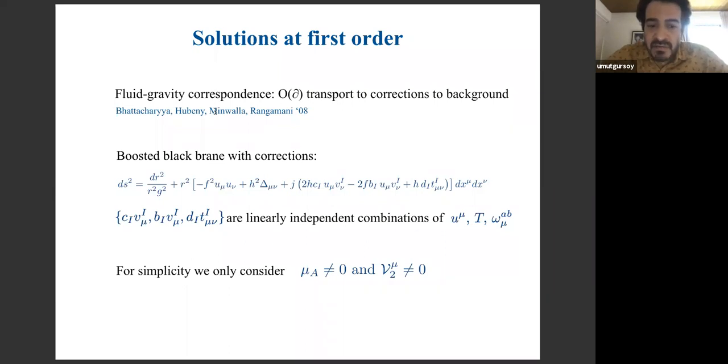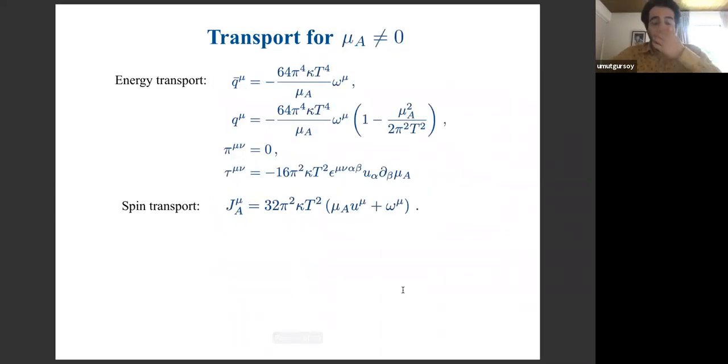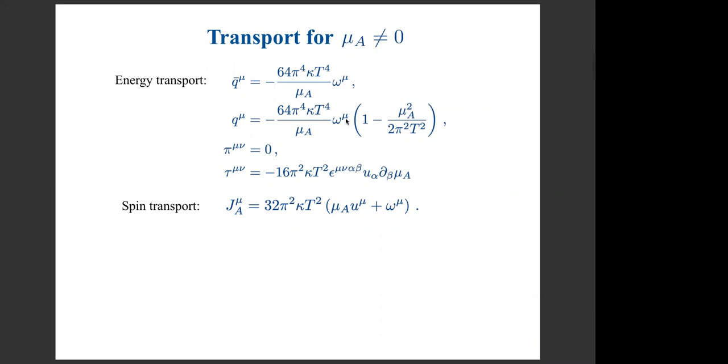So for simplicity, I will be describing first order solutions in the derivative expansion for this black brane in 5 dimensions, but only in 2 different sets, with the axial chemical potential non-vanishing, or the vector spin source non-vanishing. So for the first class of examples, you find the vorticity. The reason that I'm doing it is essentially to connect it to the first slide.